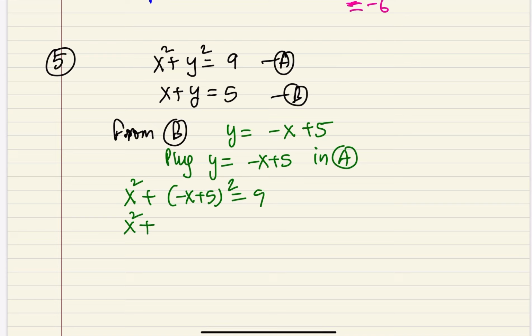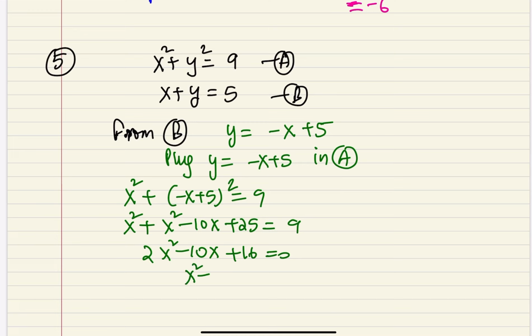That gives me x squared plus, minus 10x actually, minus 10x plus 25 equals 9. So 2x squared minus 10x plus 16 equal to 0. We can go ahead and divide everything on both sides of the equation by 2.